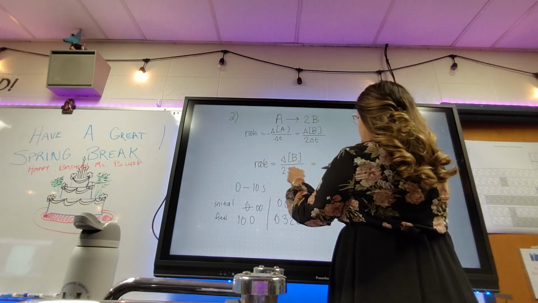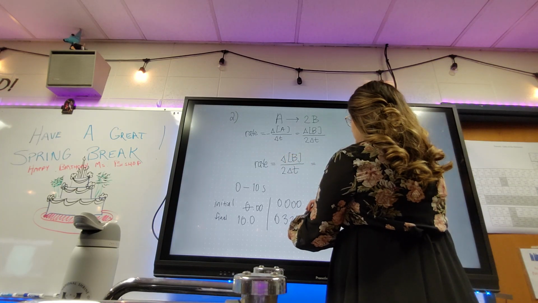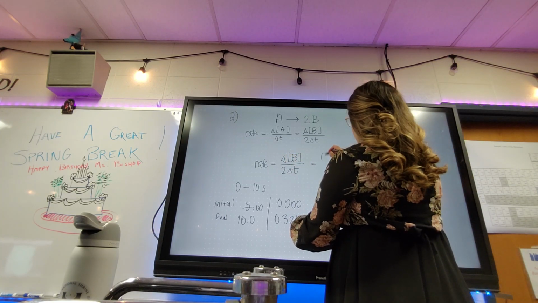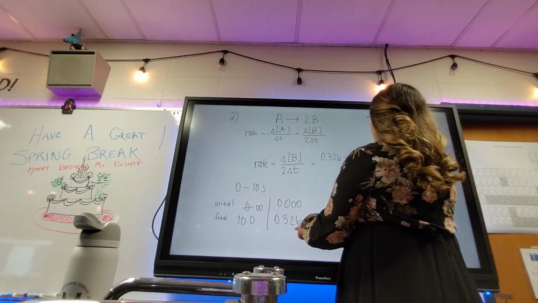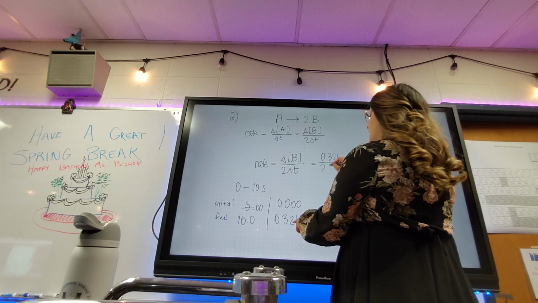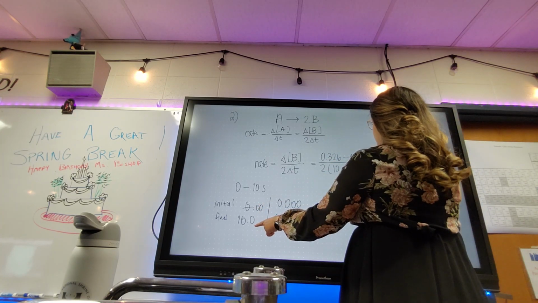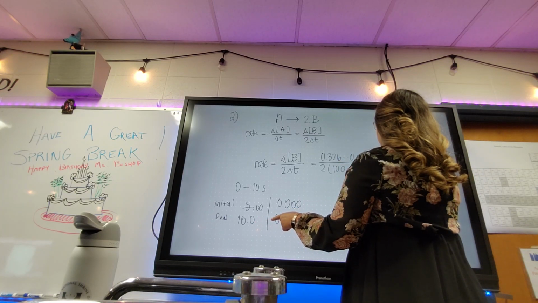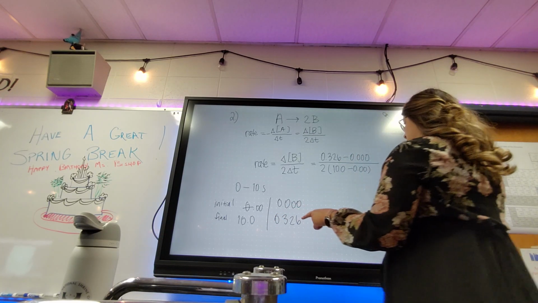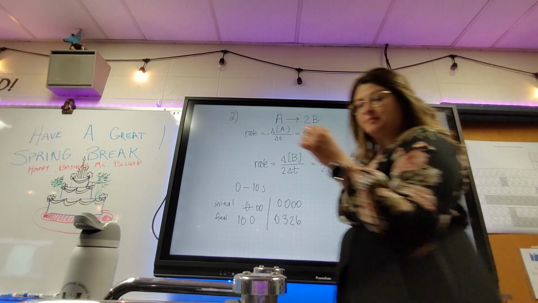Okay, so change in B means final minus initial. So I'm going to go to the concentration section. I'm going to do 0.326 minus 0.00 divided by 2 times the change in time, 10 minus 0. And that will give us a number. Rates cannot be negative.